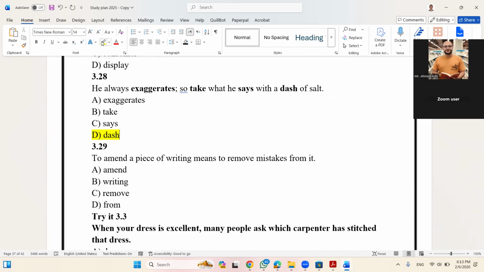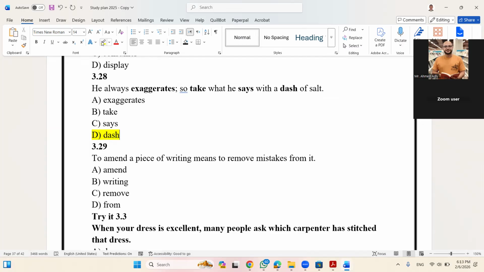To view something with skepticism, with doubt, which means that this might be inaccurate or untrue. If I tell you something and you tell me, okay, I'll take this with a pinch of salt, it means that you don't believe this. You have some doubts about the truth of what I'm saying.